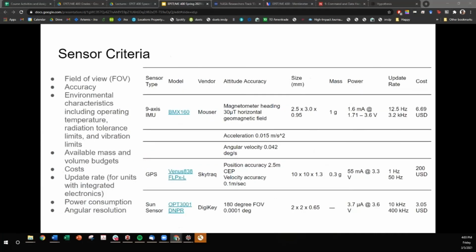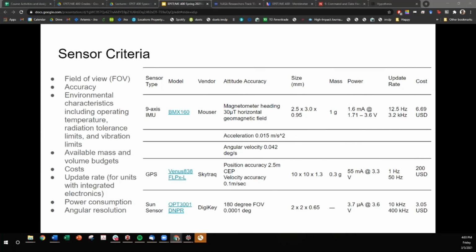For sensor criteria, what you want to consider for each sensor when applicable is its field of view. So it's that cone of vision. Accuracy, which we talked about in the last slide. Environmental characteristics, which include operating temperature, radiation tolerance, and vibration limits.